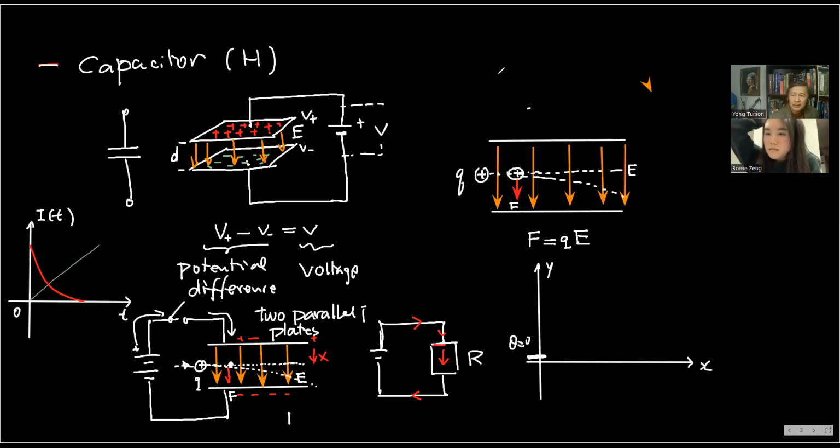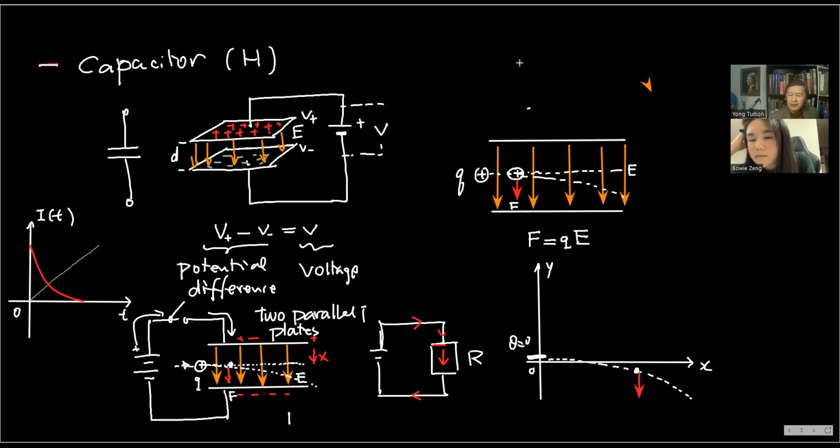The trajectory will be like this, because there is a constant velocity after the cannon, and a constant force downward, which is gravity.